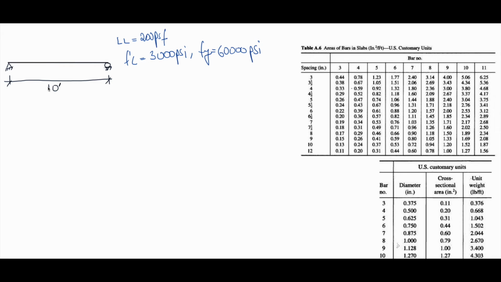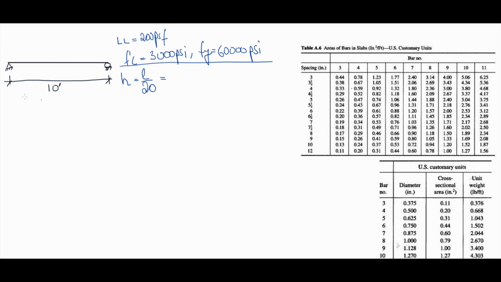Let's start with the table for deflection that I presented in the previous slide, which gives me a quick decision on how to start. So h, which is the depth of the slab, is the length divided by 20 if it is simply supported. This is the minimum requirement for the deflection.